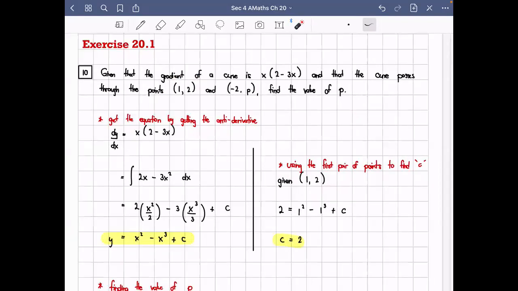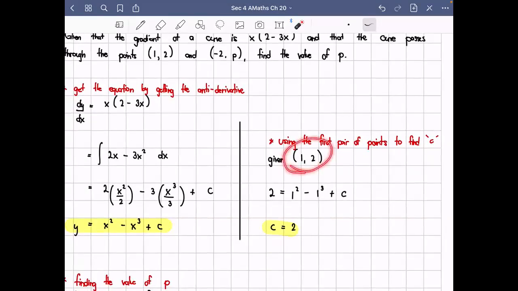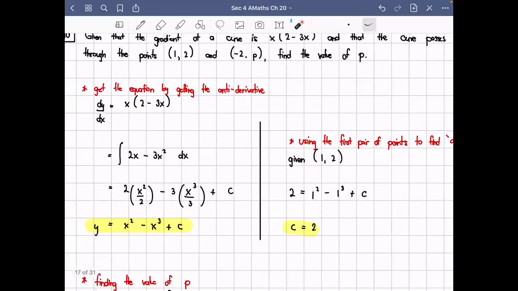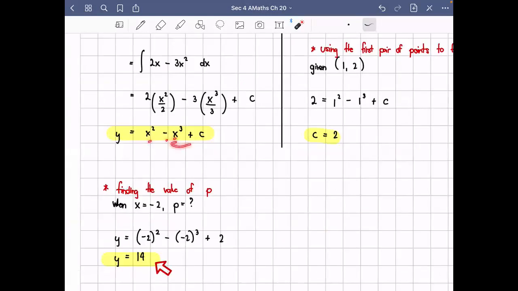So plugging those values into this equation, you have 2 minus 1 cubed plus c. Your c is equal to 2. So our complete equation is y equals x squared minus x cubed plus 2 now.